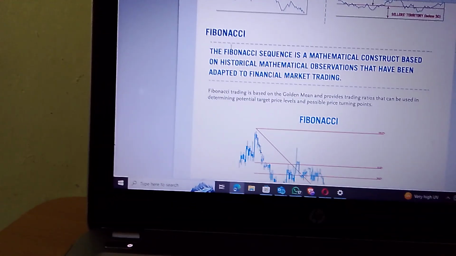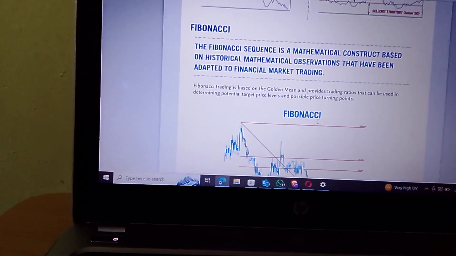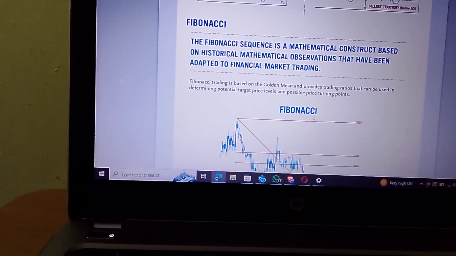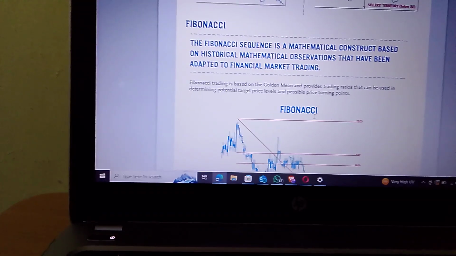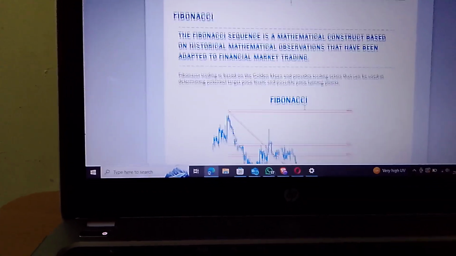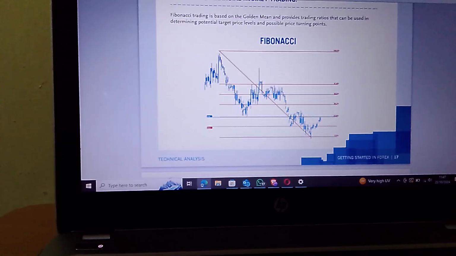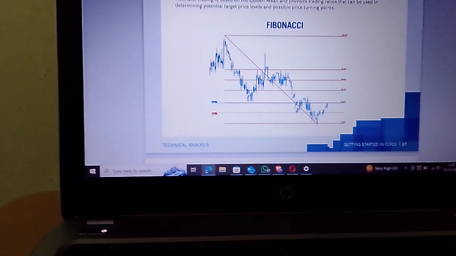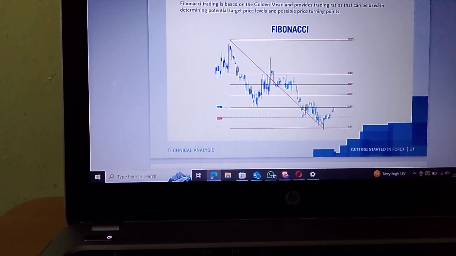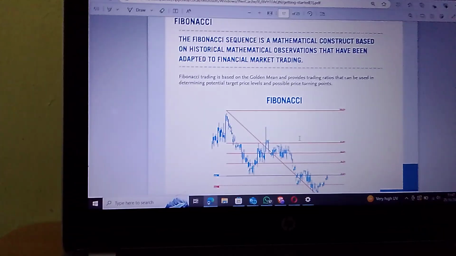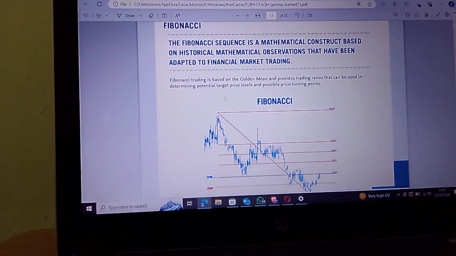Fibonacci. Let's see Fibonacci. The Fibonacci sequence is a mathematical construct based on historical mathematical observations that have been adapted to financial market trading. I've had Fibonacci in one of my classes. I do mechanical engineering, so in one of my mathematics classes, I've heard of Fibonacci, and I'll tell you what it is in our next class.